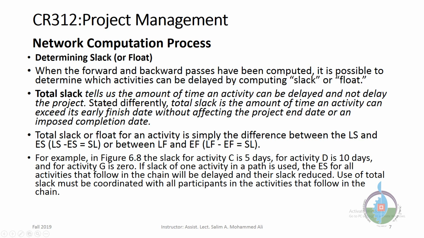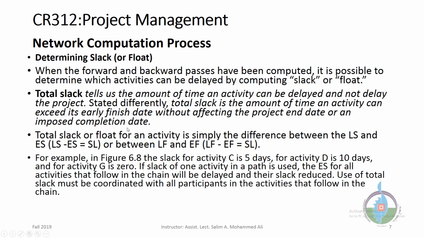Total slack tells us the amount of time an activity can be delayed and not delay the project. This is a little bit ambiguous, but we will clarify it with the diagram. Stated differently, total slack is the amount of time an activity can exceed its early finish date without affecting the project end date or an imposed completion date.